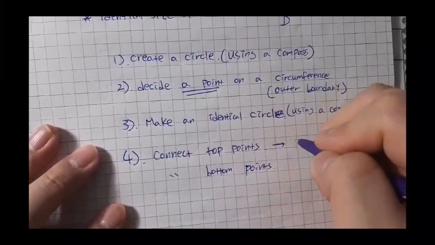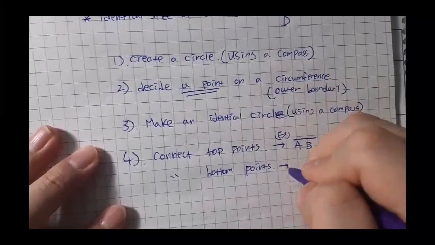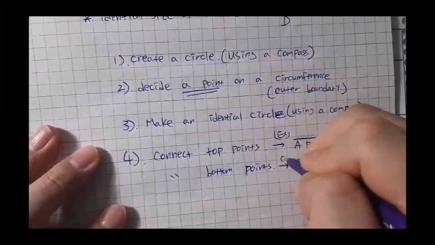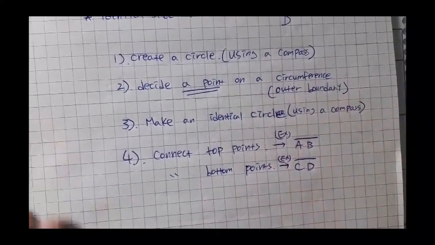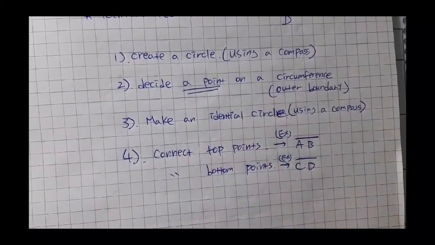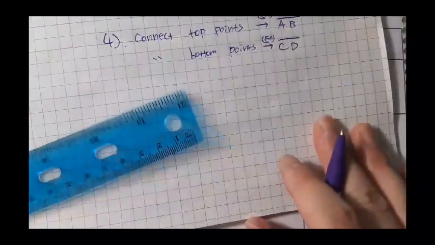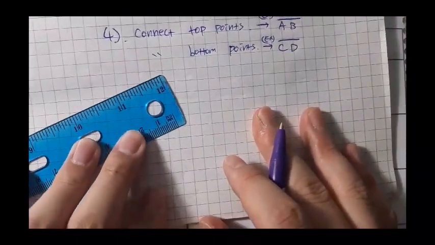Top points will have one line segment like AB as an example. Bottom one will create, for example, like what I did, C and D. It is a good idea to create a point like that. And honestly, you can use any of the circle points too, and the smaller the circle size, the better.